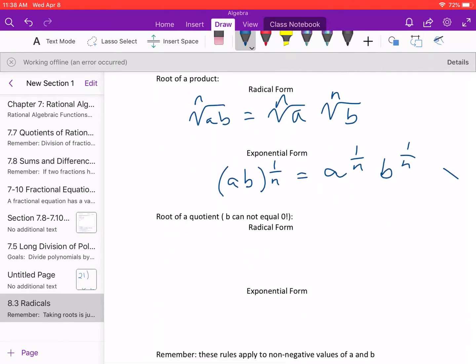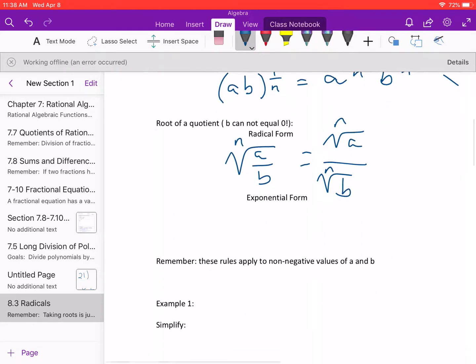The next one we're going to review is the root of a quotient where b cannot equal 0. In radical form, we would take the nth root of a divided by b, and that's the same thing as taking the nth root of a all over the nth root of b. And in exponential form, that rule looks like this.